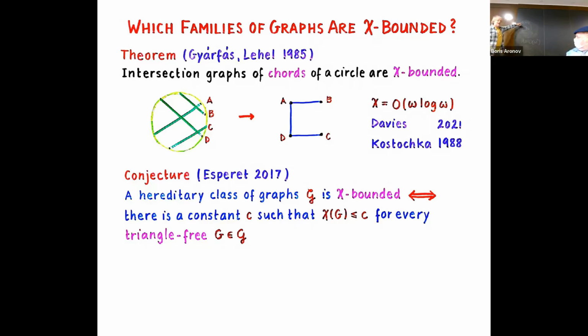So whenever a graph belongs to the class, then its induced subgraphs also belong to the class. So all of these examples, like intersection graphs of segments, or intersection graphs of anything, of course, they are hereditary classes. Or if you look at the class of graphs that don't contain a triangle: if the graph doesn't contain a triangle, the subgraph doesn't contain a triangle. They are all hereditary classes.